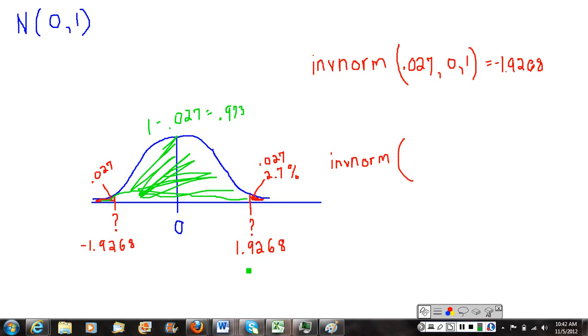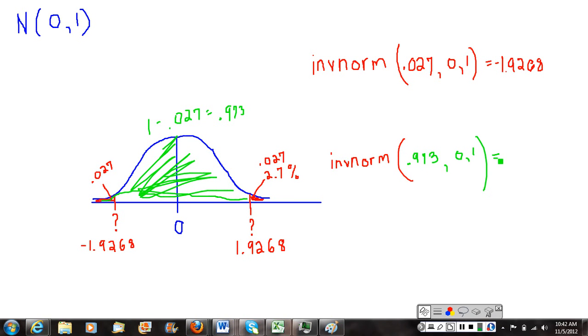So we can verify this answer by doing an inverse norm with 0.973, meaning there's 97.3 area to the left, or 2.7 to the right, and then our mean and standard deviation are still the same, 0 and 1. So we can put all that in our calculator.